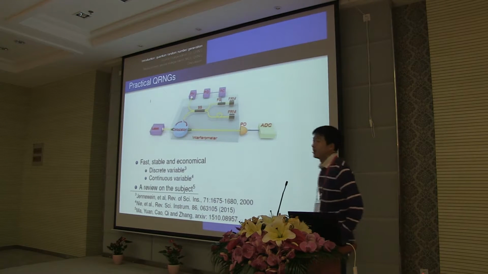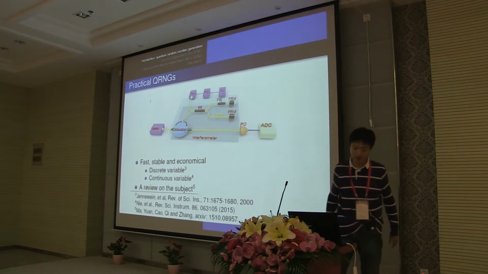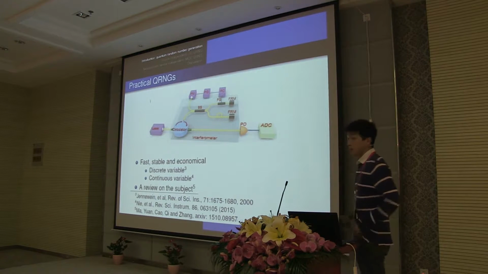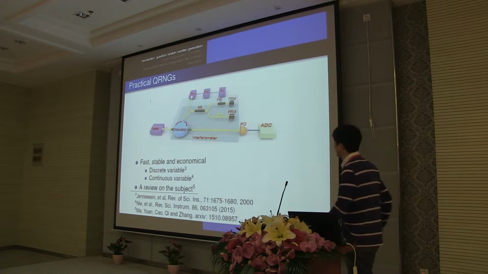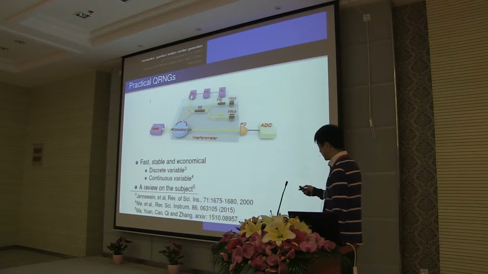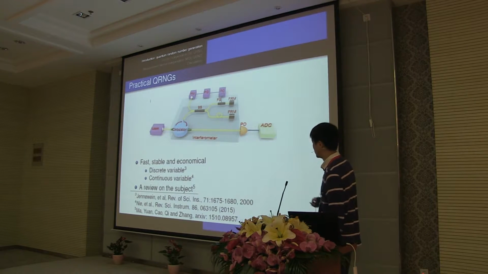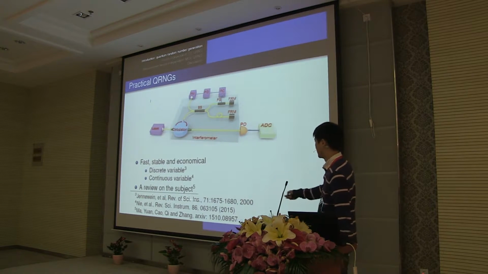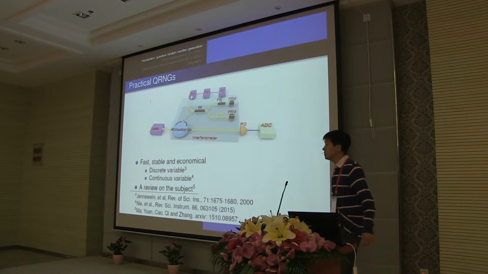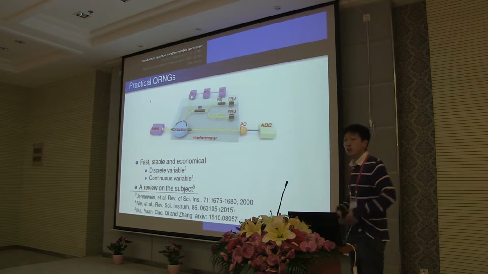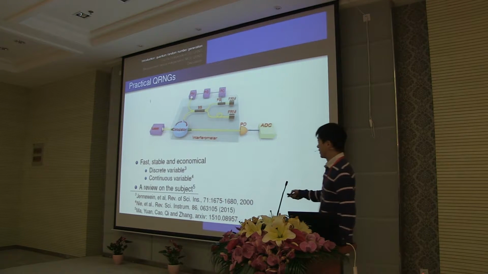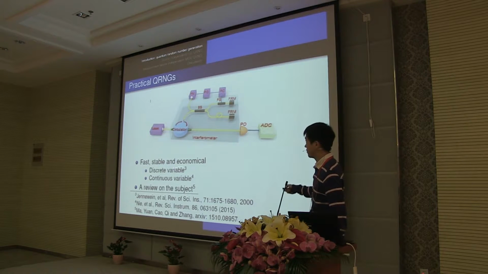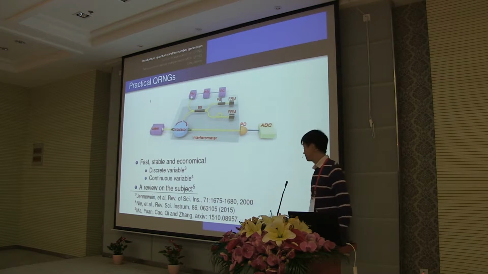So let's come back to the random number generation. So now we know that as long as we can break the coherence, we can get the random numbers. We know that in the past 15 years or so, since 2000, the first experiment was done in the Zeilinger group. And since then, there have been lots of developments on random number generation. Most of them are very fast, stable, and quite cheap.